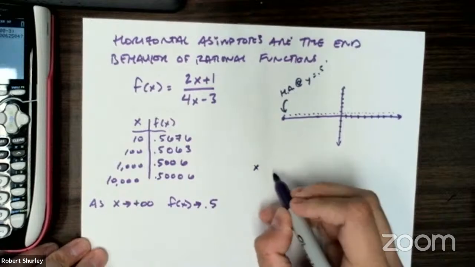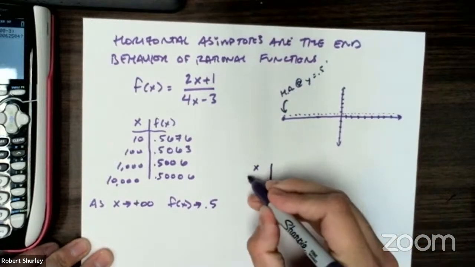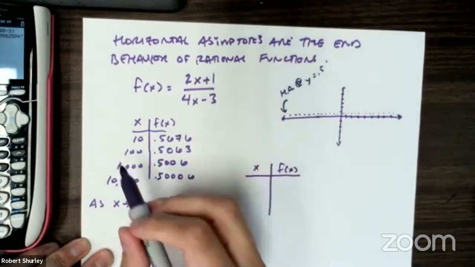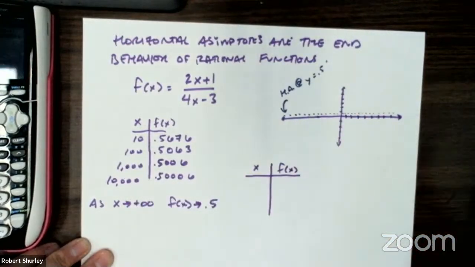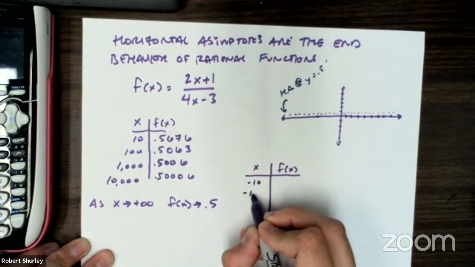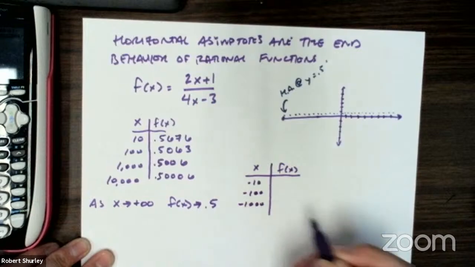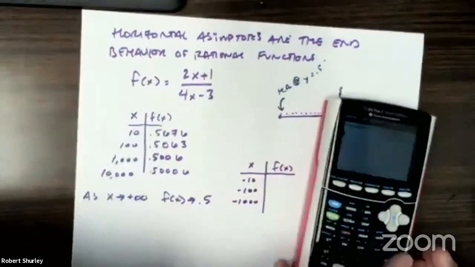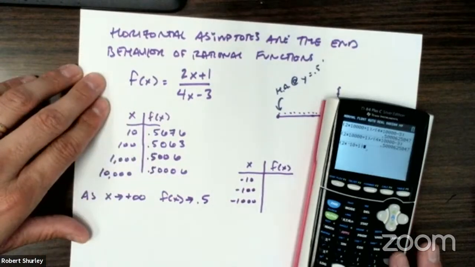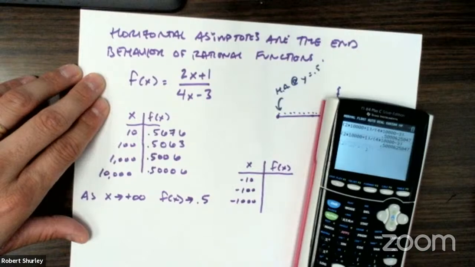Okay, let's show it on the other side now. We went that way, 10, 100, it goes forever to the right. Let's go to the left now: -10, -100, -1,000, just to show that it's the same thing. So I'm going to do 2 times -10 plus 1 divided by 4 times -10 minus 3.